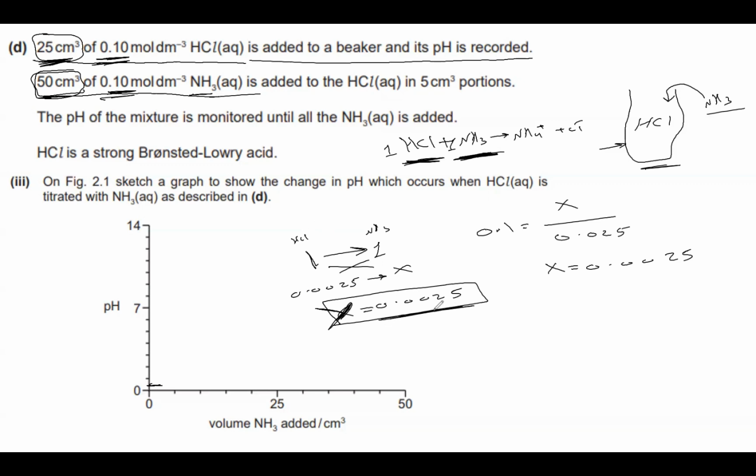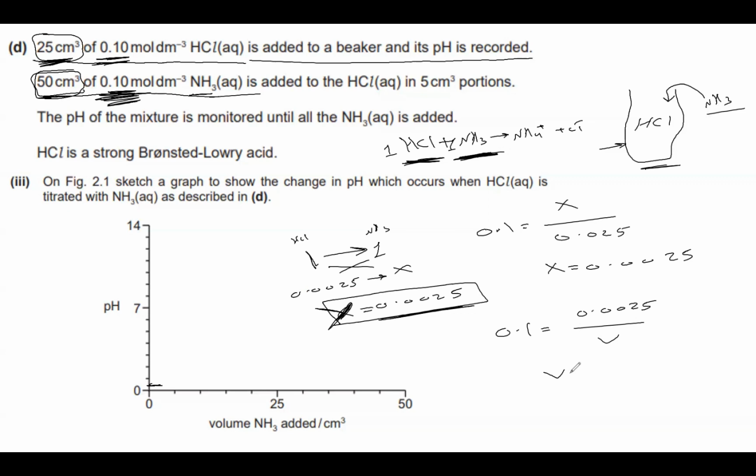This is the number of moles of NH3 needed to react with HCl. So we have the moles now, and we have the concentration of NH3, so we can find the volume of NH3 needed to react with the HCl. We say that concentration equals moles over volume of NH3.